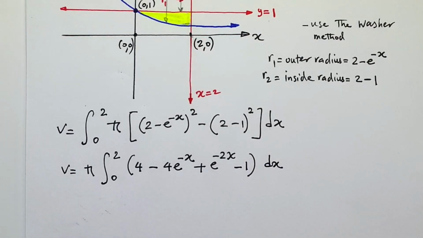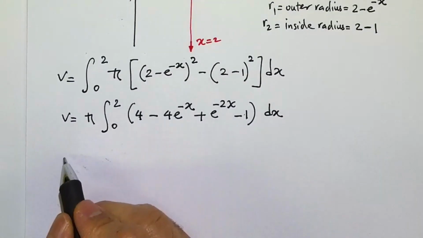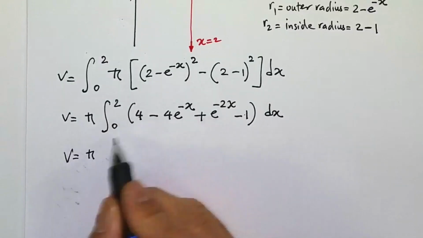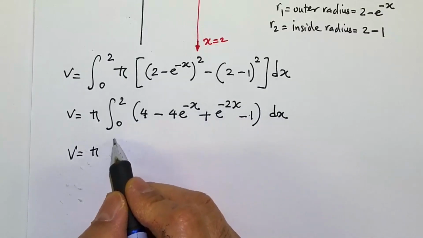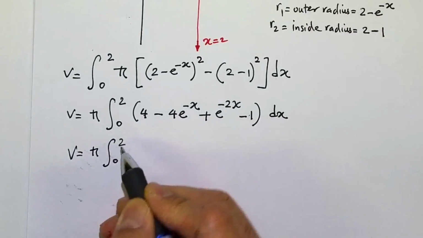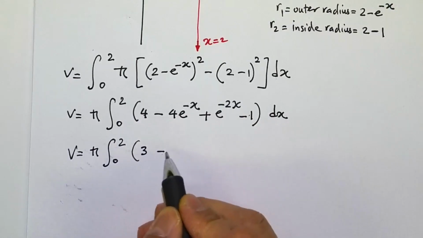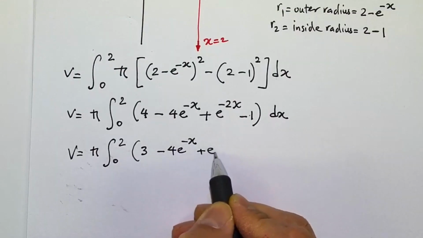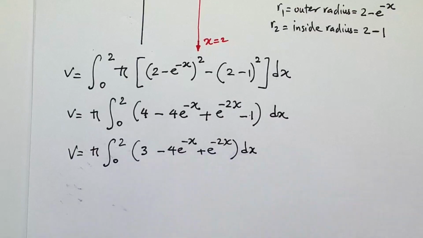Now we have one more thing to do to simplify this. I should have just done 3 minus that plus that. But it's okay. So the integral from 0 to 2 of pi times 3 minus 4 times e to the negative x power plus e to the minus 2x power dx.